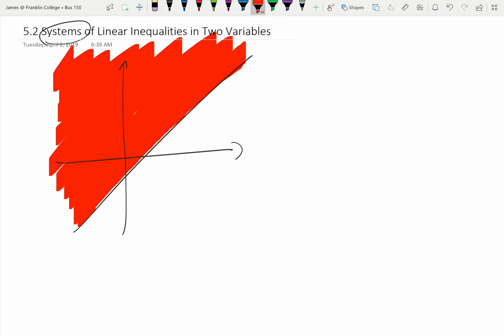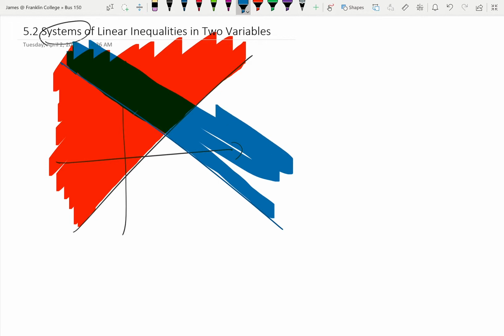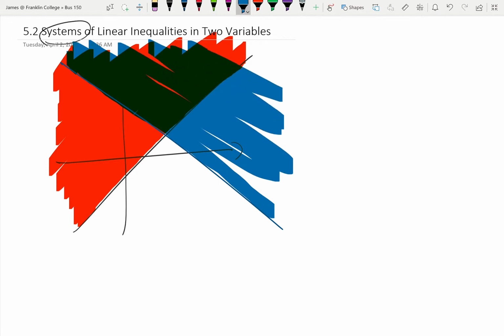But now we're going to do systems of linear inequalities, where we're going to be dealing with multiple linear inequalities, and what is the solution set to multiple linear inequalities. So if we graphed one line and shaded in the respective inequality, and we can graph another line and shade in its respective linear inequality, we start to see like, hey, there are some areas where the two shaded regions overlap, and that overlapped region represents the solution set to the system of linear inequality.